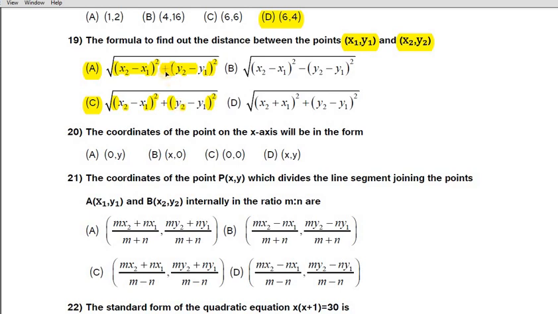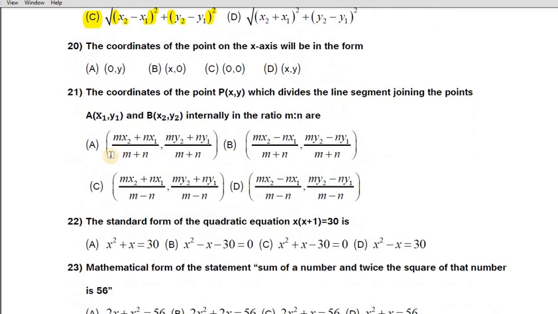So option A is correct, option C is also correct. In this case, if you shade any option, you will get the correct answer. In your examination, if you are getting 2 correct options, if you shade any one correct option, you will get the marks. Next, let us move on to question number 20.